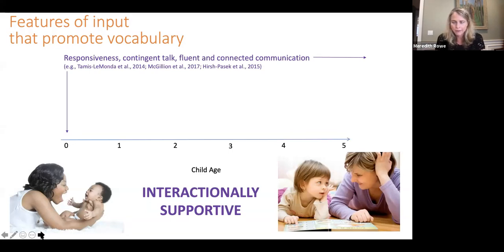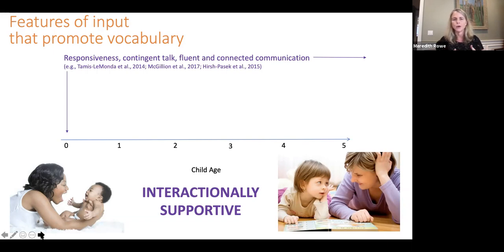Okay, so the first feature, the interactional dimension, is that the communication needs to be interactionally supportive. And this actually remains constant over the entire period and beyond. There's been a lot of research, and a lot of this came up in the chat, looking at contingency and responsiveness. You want the interaction to be fluent and connected.